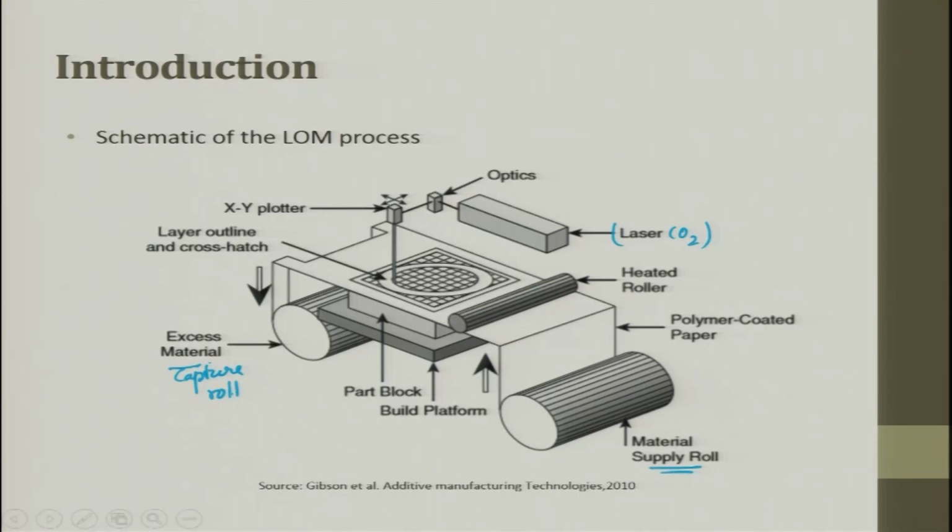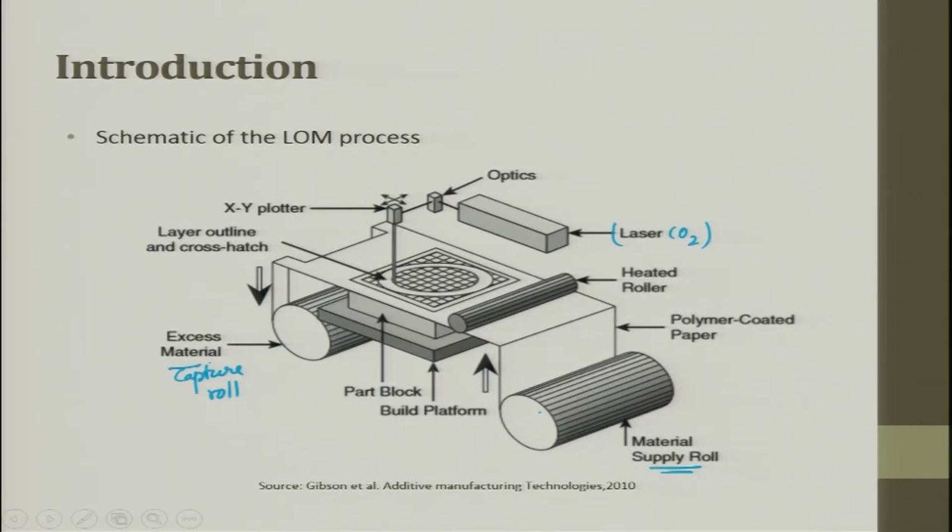The material is fed from here, and when it comes here, it is exactly sliced to the layer dimension, and the rest of the material is left as is. Once the laser engraves or heats the material, the rest of the material will be rolled back into the excess material roll.